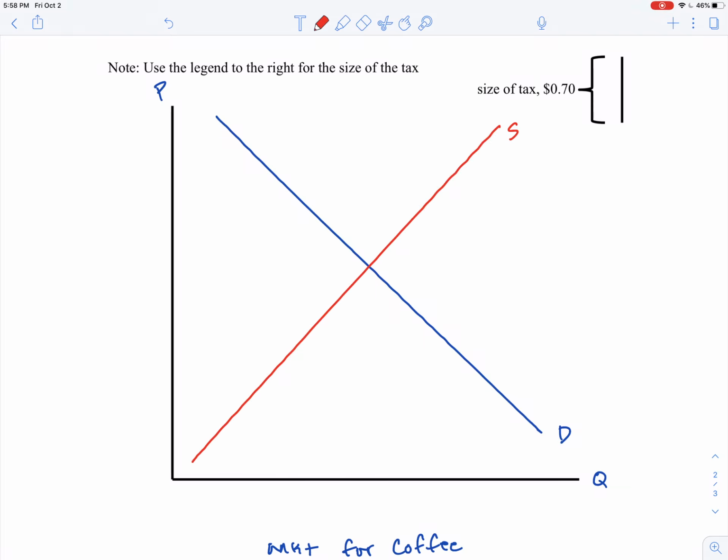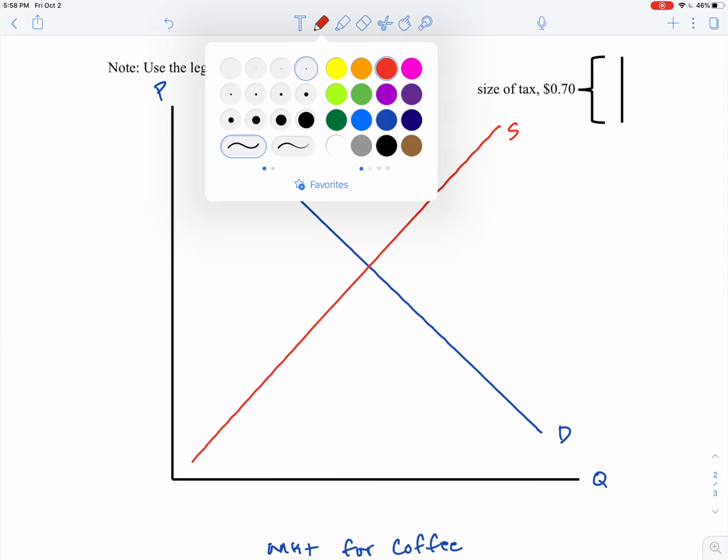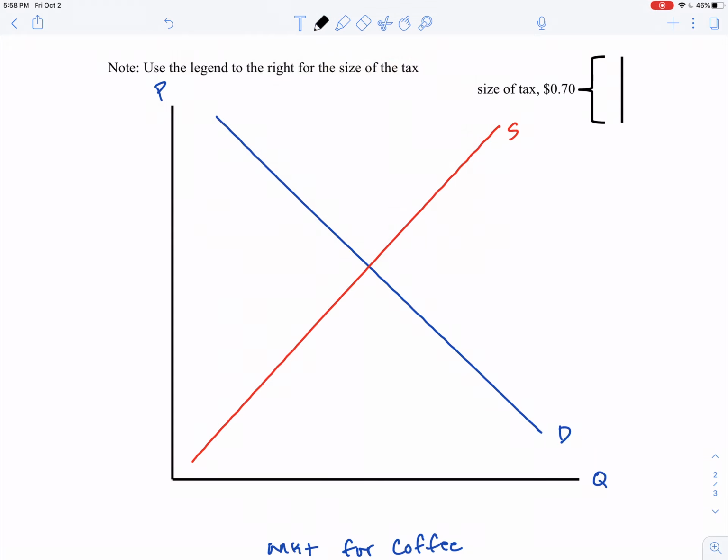Label with supply. Let's go back here and let's grab black and label the equilibrium. There we go. P star and Q star.